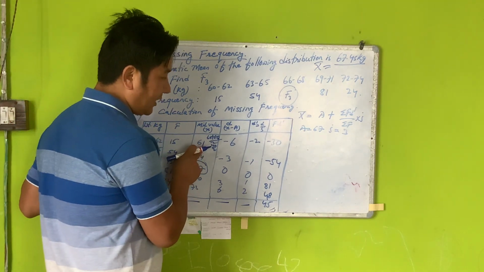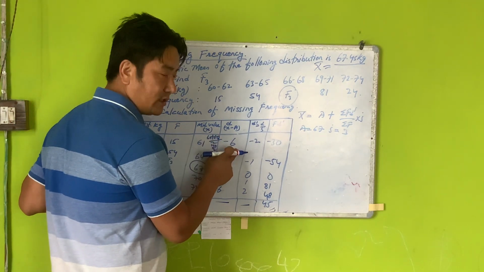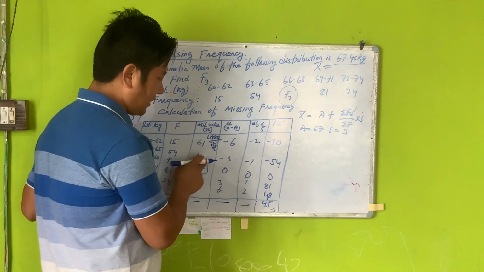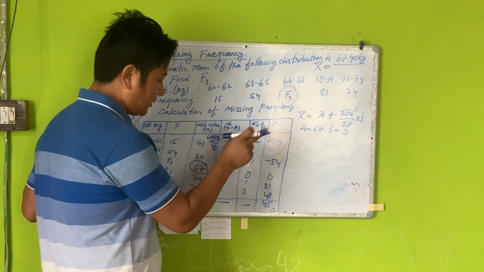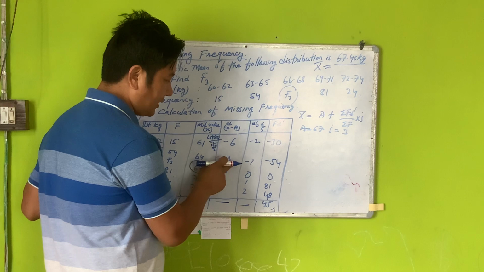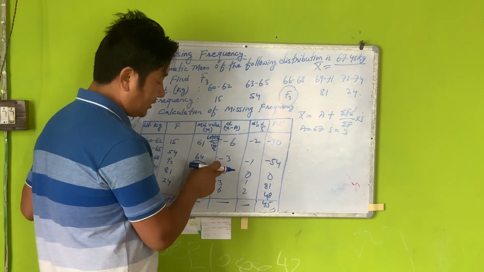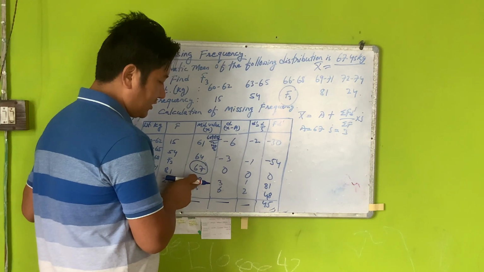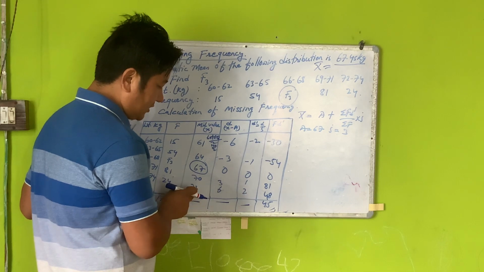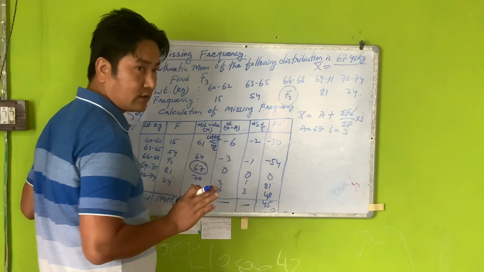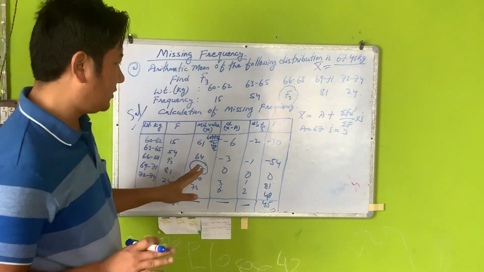So 61 minus 67 will be minus 6. Second, 64 minus 67 is minus 3. 67 minus 67 is 0. 70 minus 67 is 3. 73 minus 67 is 6. Hope you understood this.